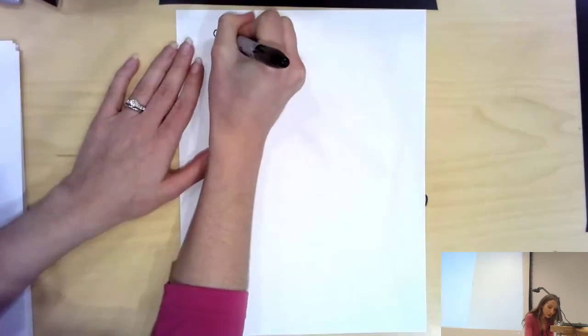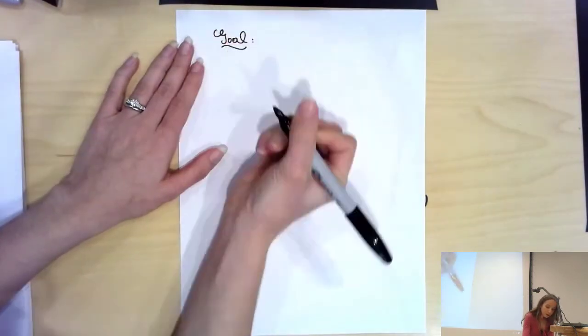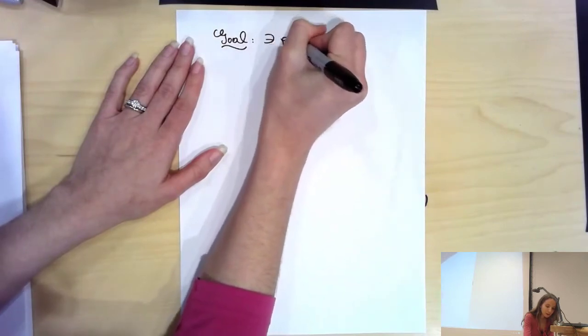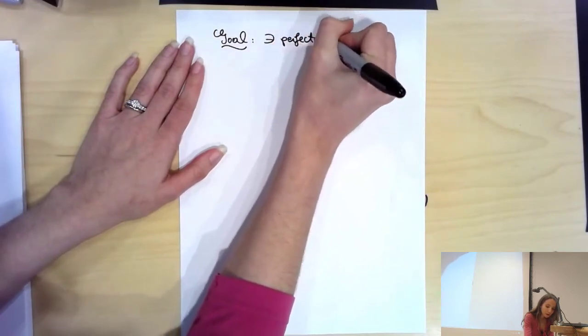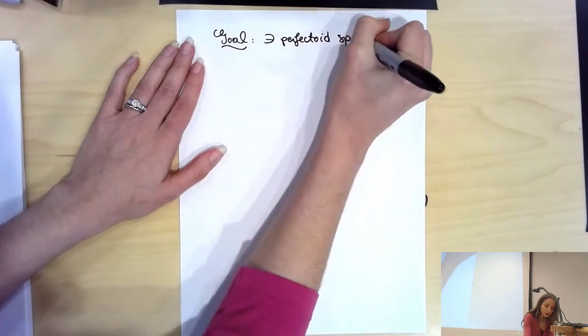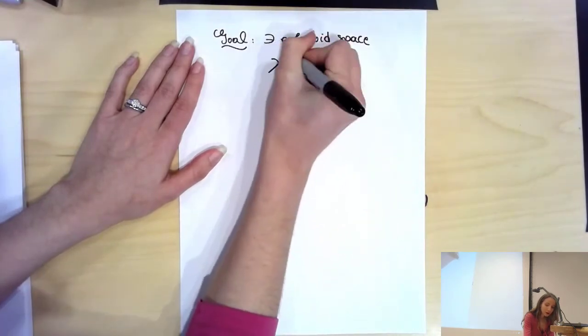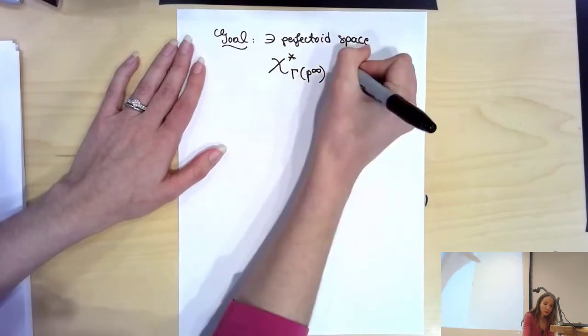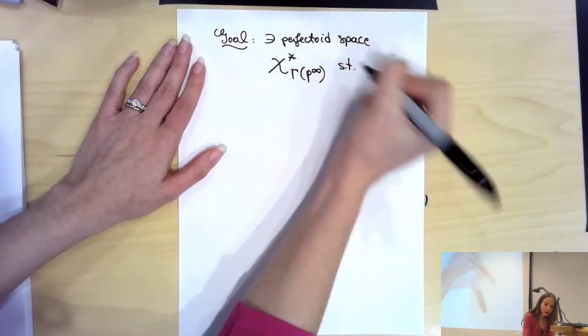So just to remind you, the goal is to show that there exists a perfectoid space X^*_{Γ(p^∞)}, which fits in the following diagram.